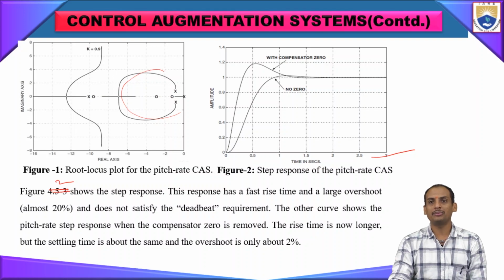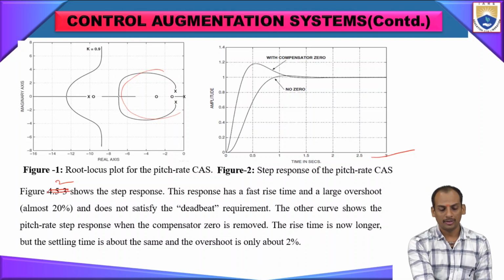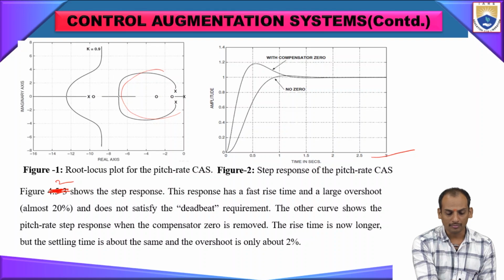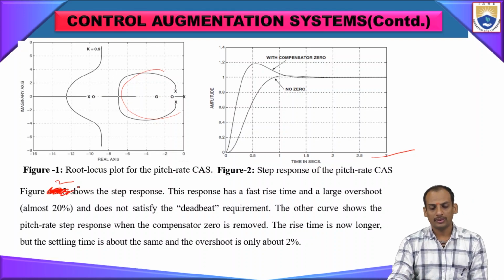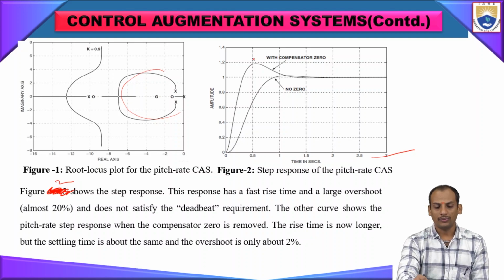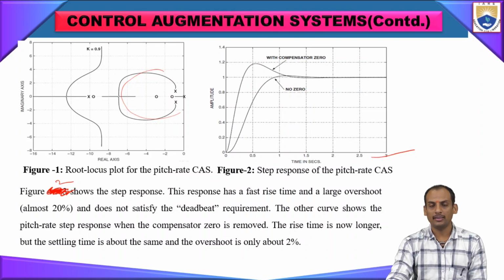So this step response is the first one, with a large overshoot of about 20%. If you see here, there is an increase of 20% and it does not satisfy the deadbeat requirement. The other curve shows the pitch rate step response when the compensator zero is removed.